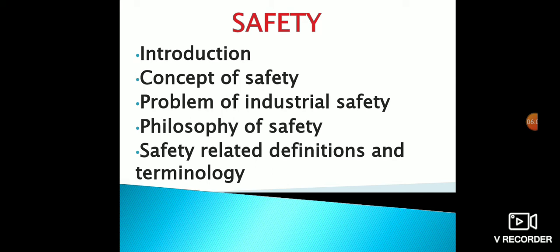Then we will discuss the point philosophy of safety in detail, and then we will discuss the safety related definitions. Many definitions we will discuss in this unit and in this last point.